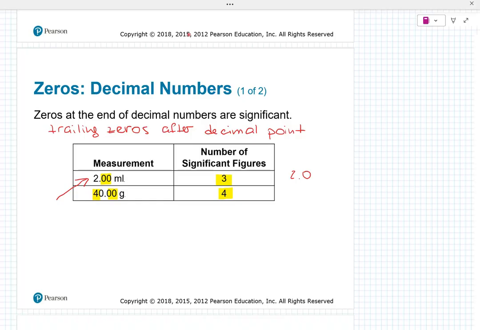Does it make sense to you? Okay? Significant figures show us the precision of our measurement.